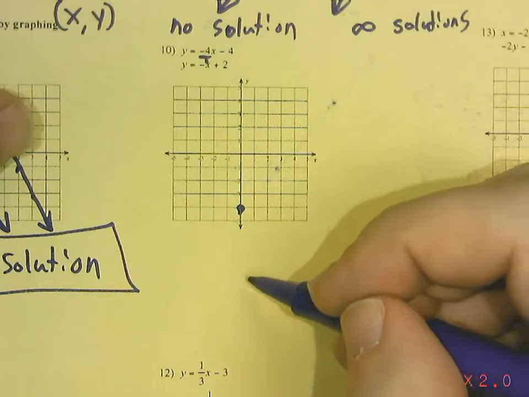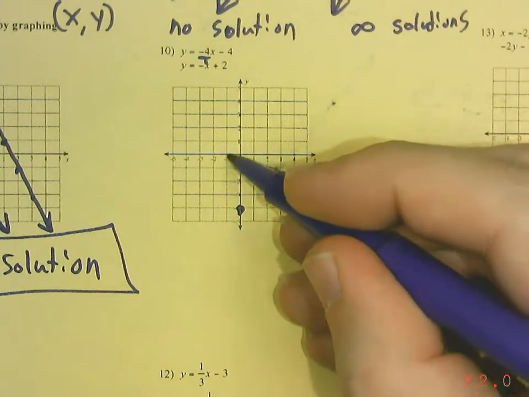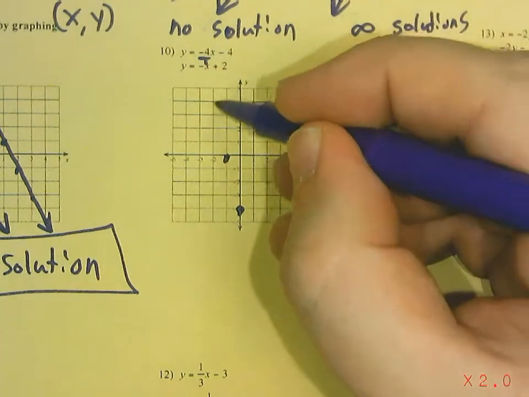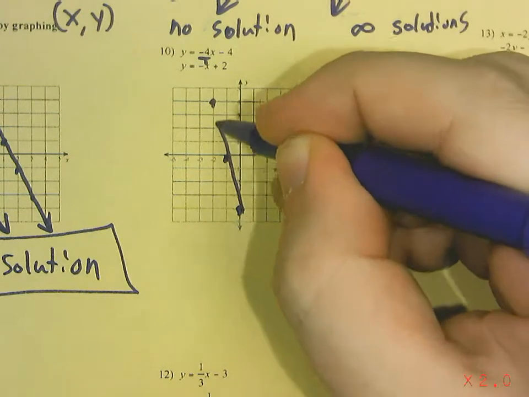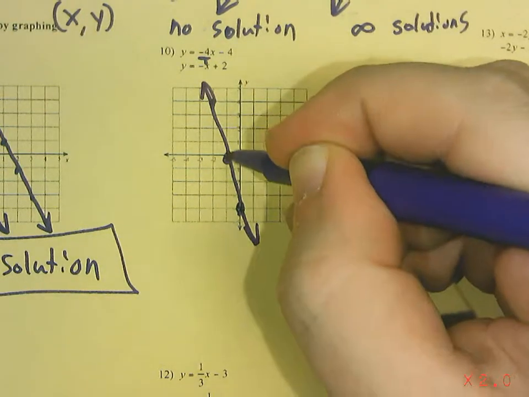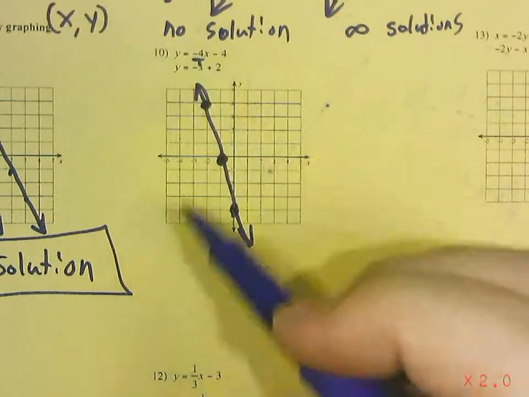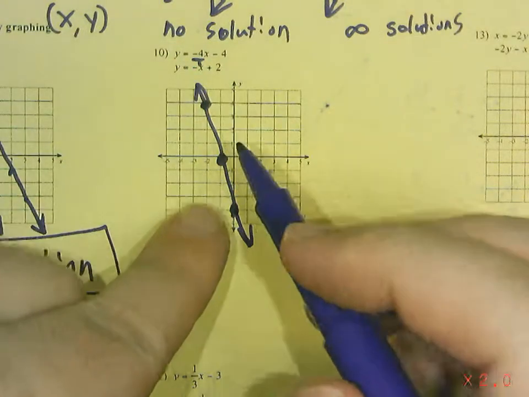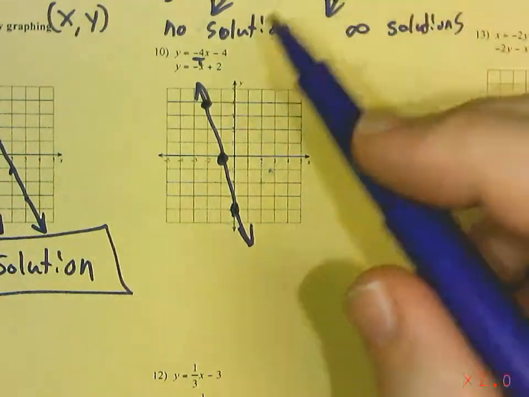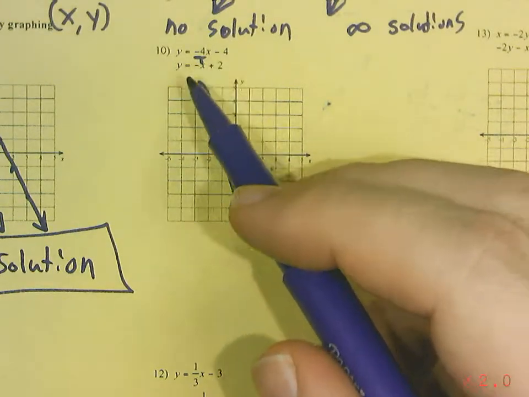So I've got to go backwards, so I'm going to go up 4, left 1, up 4, left 1, up 4, left 1. There's going to be my first line right there. Notice I made all these points a little big because we've designed these equations to all meet at one of these points that we plot out using our slope. Okay, so that's going to be one example there.